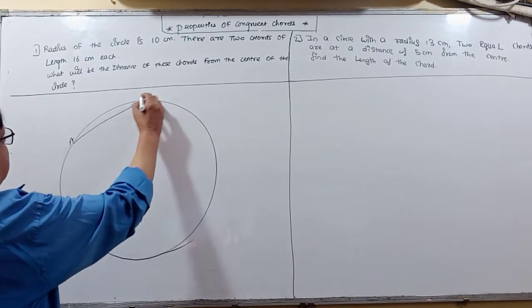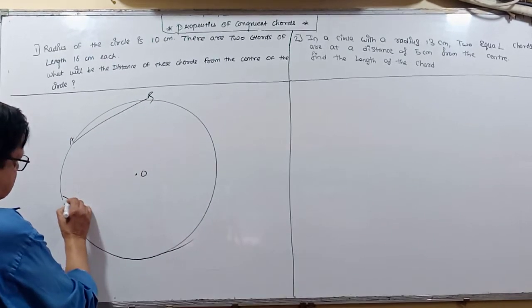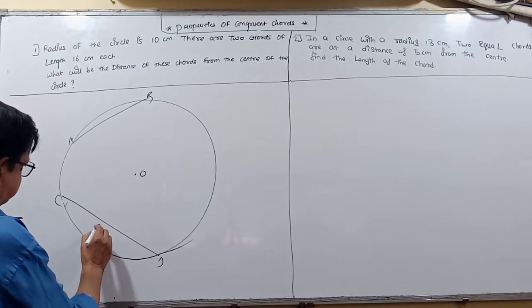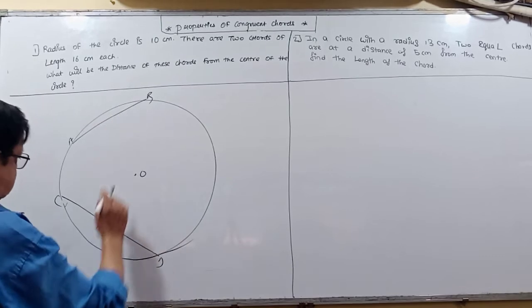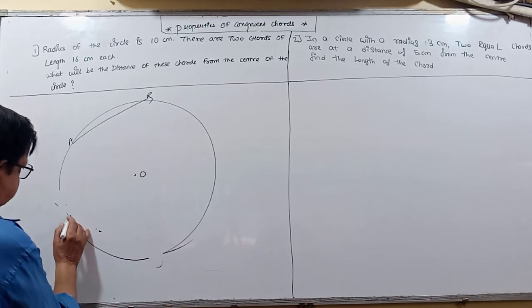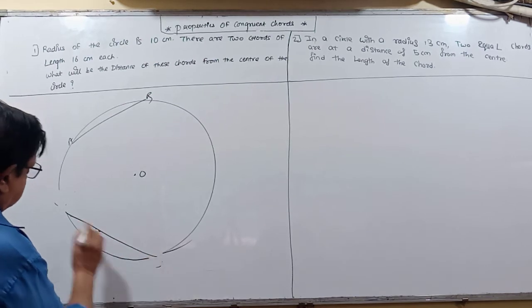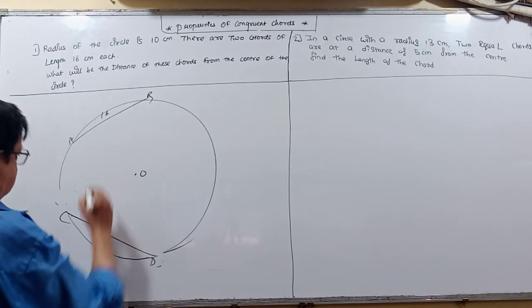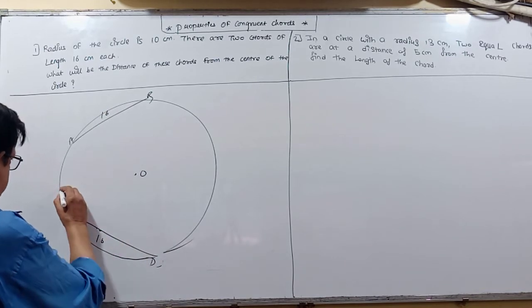This is AB and this is CD. Both are 16 centimeters. Two chords equal, so CD is equal to AB.